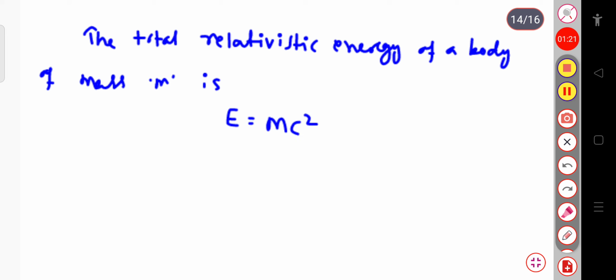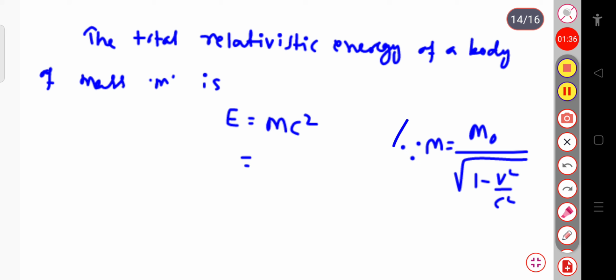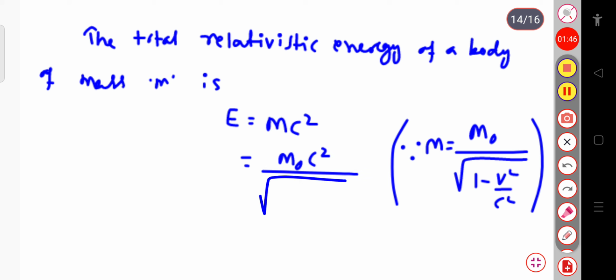Since m is equal to the rest mass m naught divided by the square root of 1 minus v square divided by c square, if I put this value, this is equal to m naught c square divided by root over of 1 minus v square divided by c square.